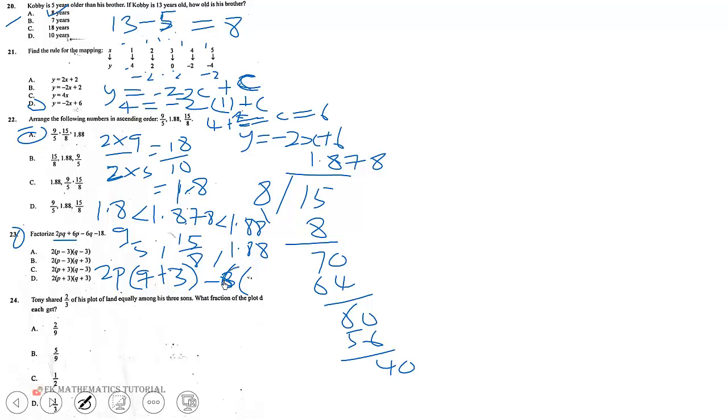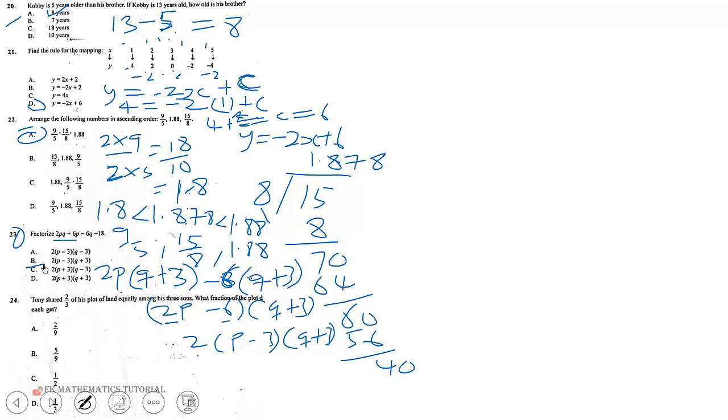Then we have q plus 3. So we have 2p minus 6, then q plus 3. We can factor 2 out here. So we have 2 into bracket p minus 3 into bracket q plus 3. So option B is correct.